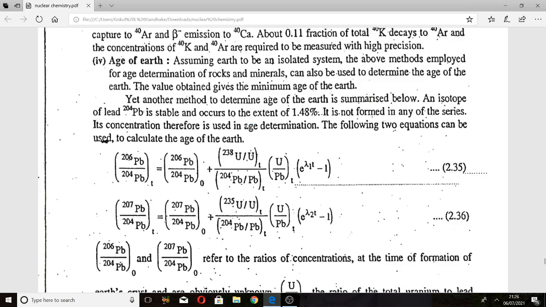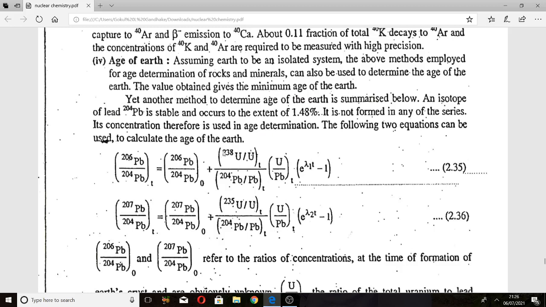By using these three series we obtain lead 206, lead 207 and lead 208. We do not obtain lead 204, which is stable, occurs to the extent of 1.48%, and is not from any of these three series. So its concentration is used for age determination.